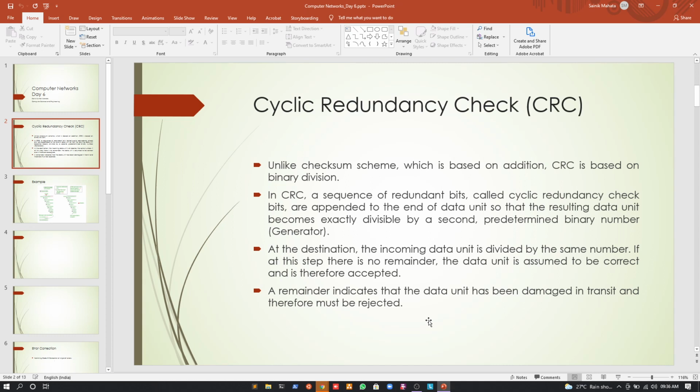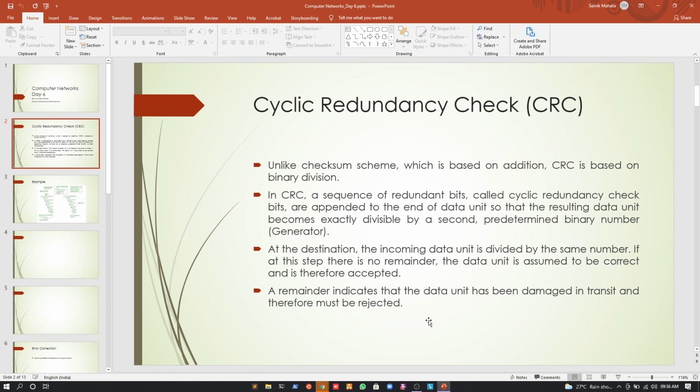Okay. So, in the CRC, what happens is a sequence of redundant bits called the cyclic redundancy check bits are appended to the end of data, so that the resulting data unit becomes divisible by a generator, right? Now, again, what's a generator? What are cyclic redundancy check bits? We will all see them in the example, right?